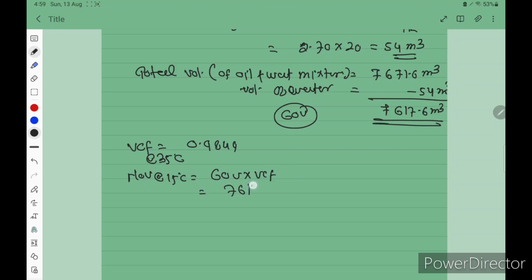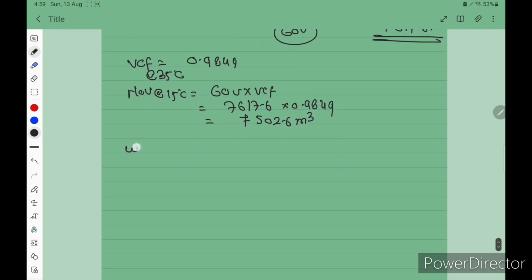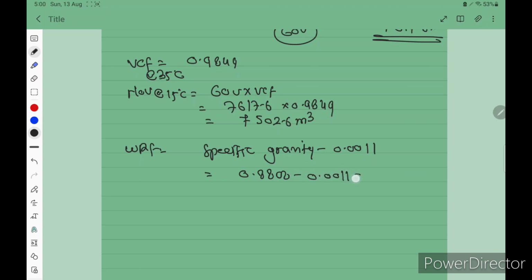So 7617.6 into 0.9849 gives 7502.6 meter cube. Now weight reduction factor is equal to specific gravity minus 0.0011. So 0.8800 minus 0.0011 equals 0.8789.